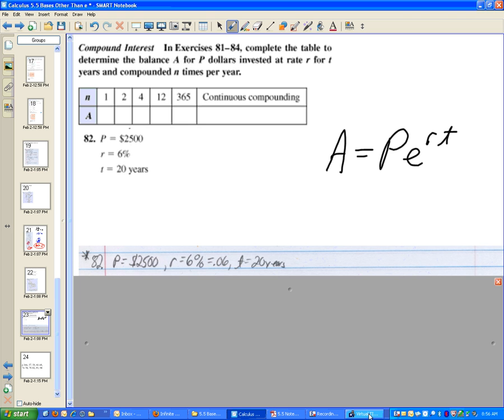On 82, we're supposed to complete the table to determine the balance A, that's the amount, for P, that's the principal, dollars, invested at rate R for T years, and compounded N times per year. For number 82, our principal is $2,500. Our rate is 6%, which we convert to a decimal, 0.06, and T is 20 years.